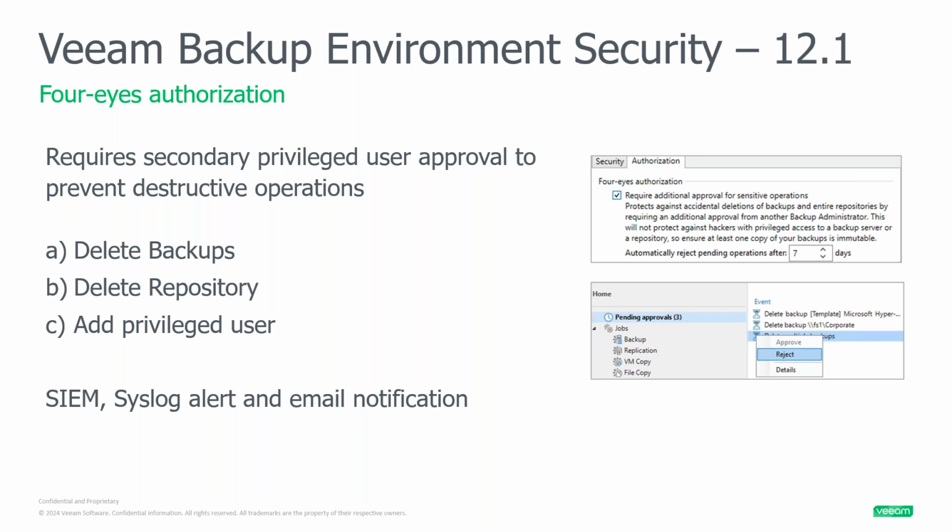So that is found in 12.1. Now, four eyes authorization for destructive operations is there because you want to make sure that whatever you do in the system, right, requires a secondary pair of authorization for any system operation or day two operation, from that day onwards.